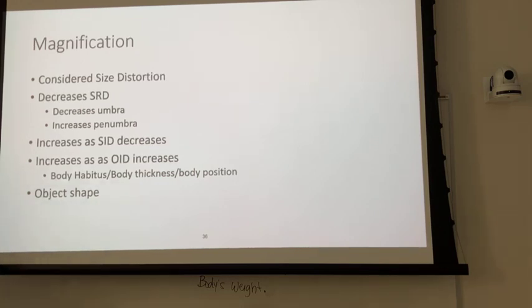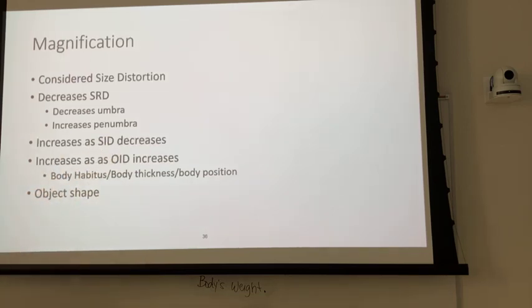Decreased magnification. With an increase in magnification, we get an increase in penumbra. So if we decrease our SID, what happens to our magnification? It goes up. So as we increase our magnification because of a decrease in SID, our penumbra goes up.